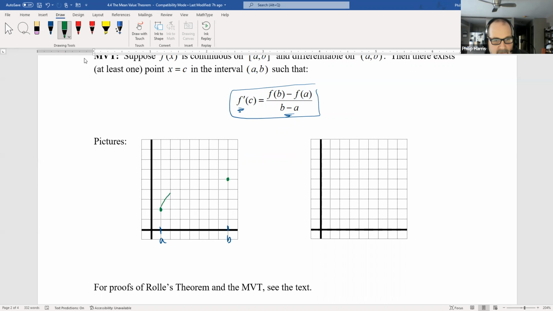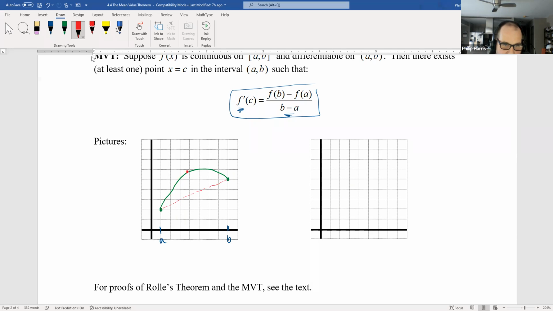So I can have a graph of a function that does something like this, perhaps a fairly simple function. And again, it has to be nice: continuous, differentiable, no jumps, gaps, asymptotes, no sharp corners. So this time we are looking at the secant slope from one end to the other, which would be the slope of this line segment joining the ends together like this. And what the theorem guarantees is that somewhere on this graph, and I'm going to eyeball it as being around here somewhere, we have a tangent line.